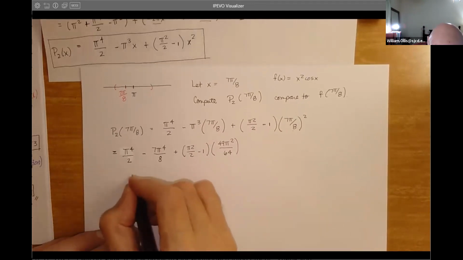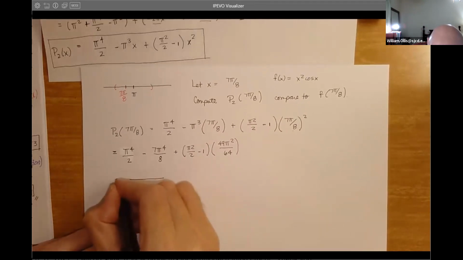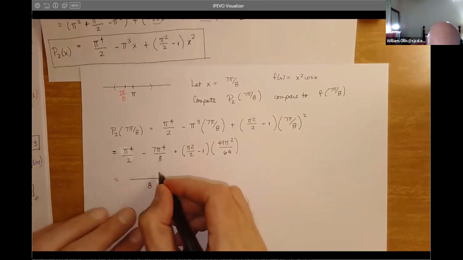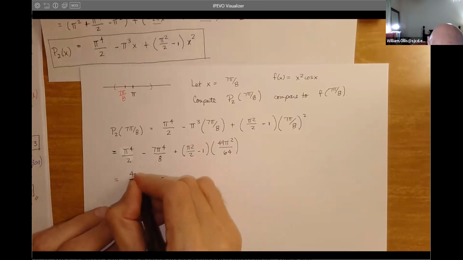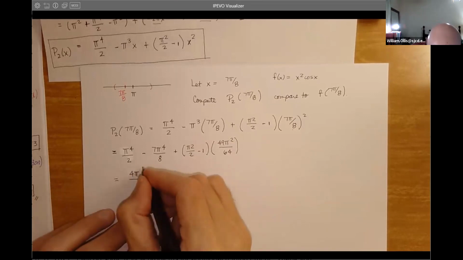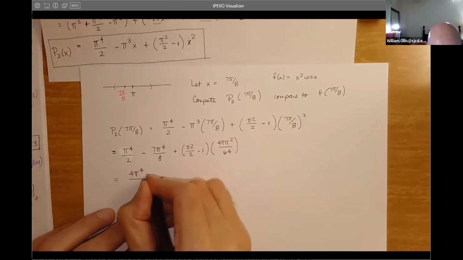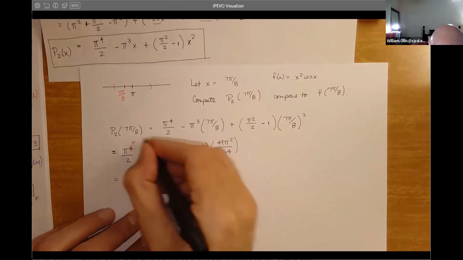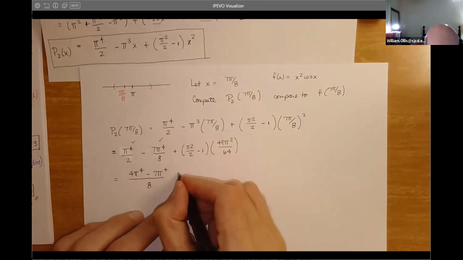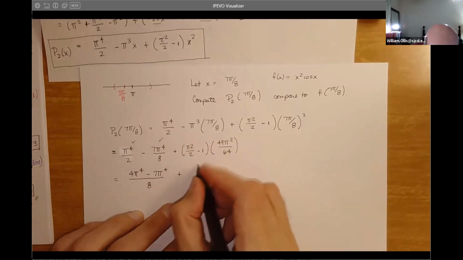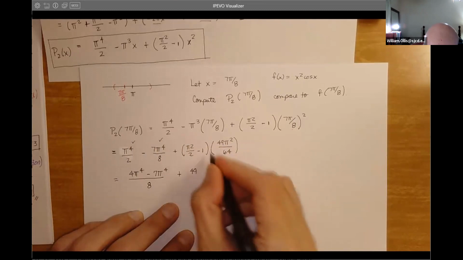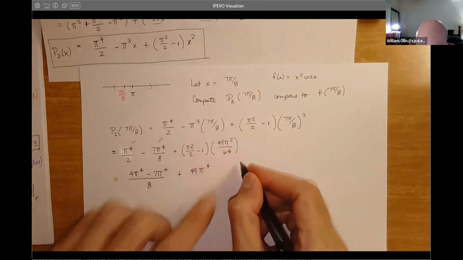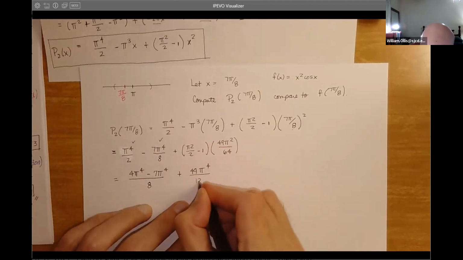So now we'll get a common denominator here of 8. So that'll be a 4. So we have 4 pi to the 4th minus 7 pi to the 4th. So that takes care of these two guys. Then we have plus, let's go ahead and multiply. So this will be 49, again, pi to the 4th. And now we have a 2 times a 64, so that's a 128.